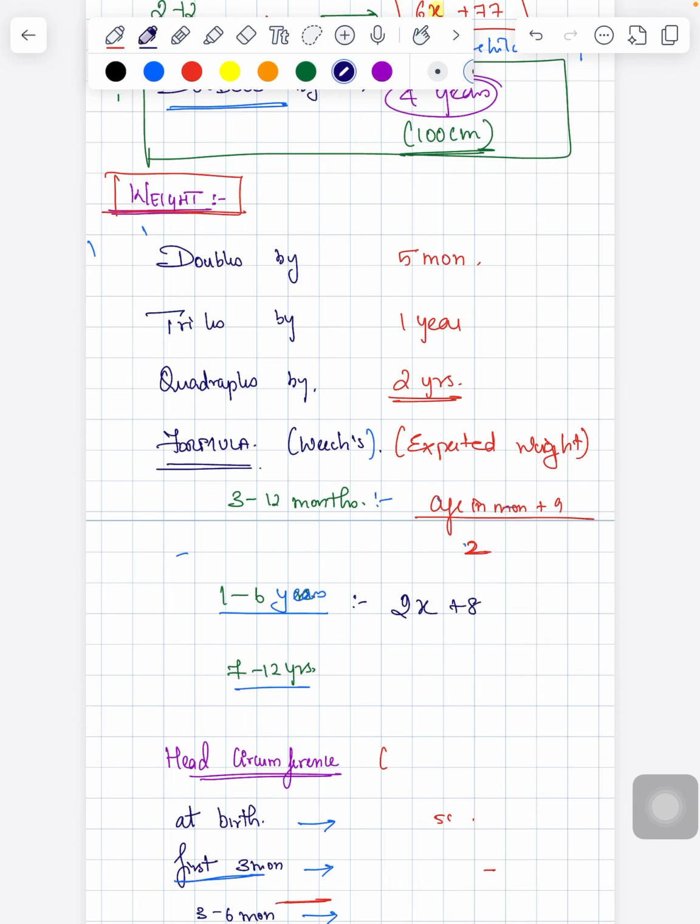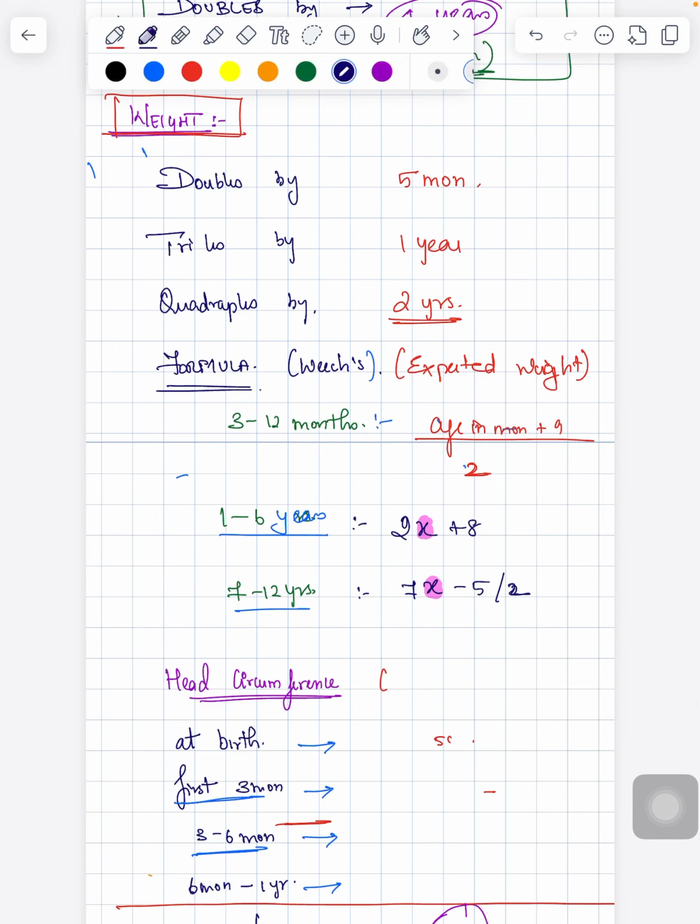Next, if the child is between 7 to 12 years of age, then it is (7x minus 5) divided by 2, where x here also stands for age of the child in years. So this is the formula we use to calculate the expected weight of the child, right? This is using your Weech formula.